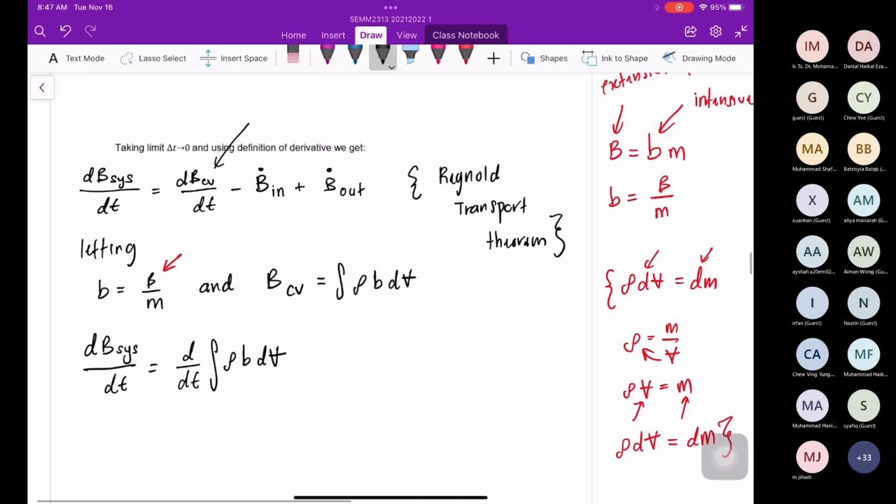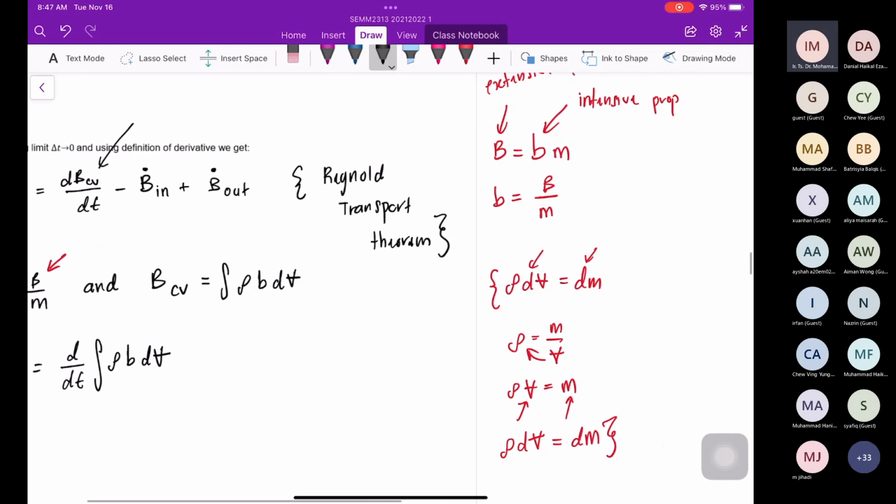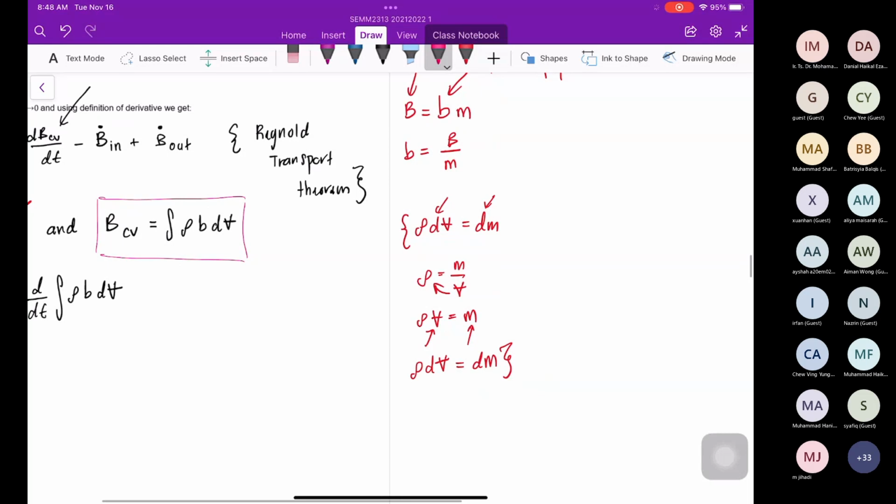Let me explain. You can see B of control volume equals rho b dV.